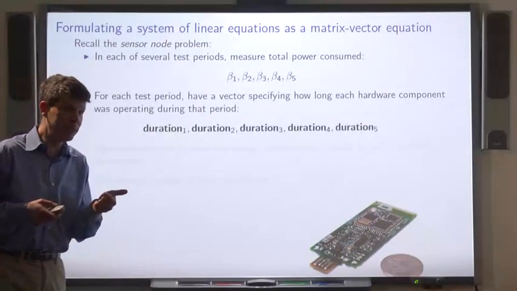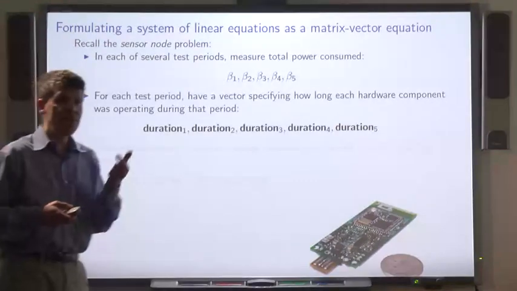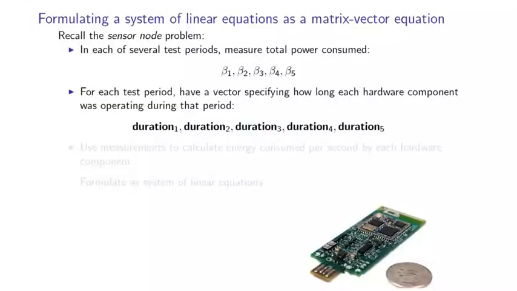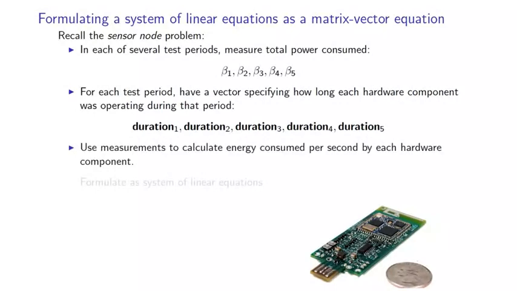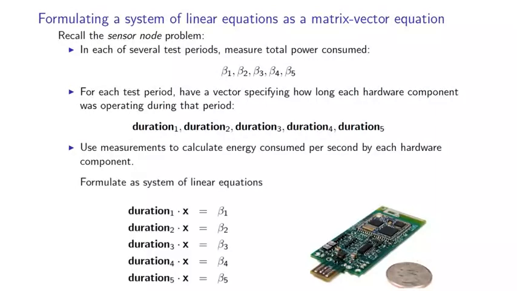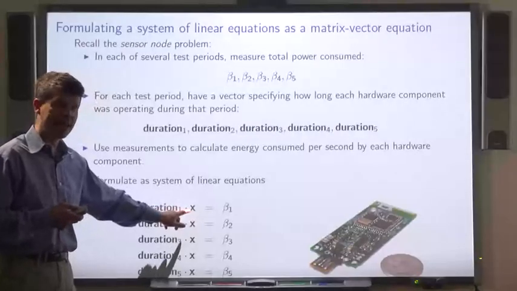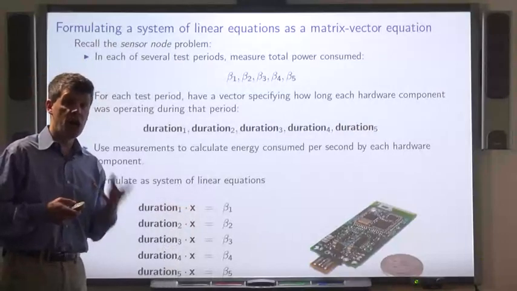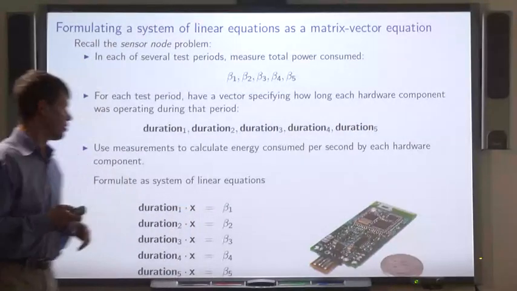And for each test period, we have a vector that represents how long each hardware component is on during that test period. So we have a bunch of those vectors. And now we want to use all these measurements to calculate the energy consumed per second, that is the current draw, for each hardware component. We can formulate this as a system of linear equations. We solve for x to find out for each hardware component how much current it draws.